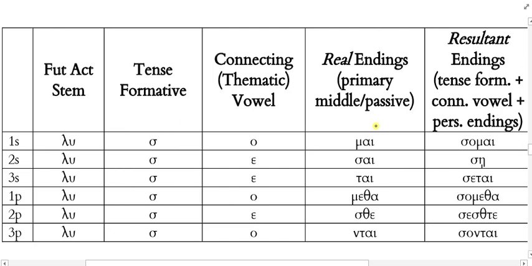So here's how the forms will look. Lu, lu, lu, lu, lu, lu, for the future active stem, tense formative, sigma, all the way through, omicron and epsilon, and then we're using the mai, sai, tai endings, everybody. Mai, sai, tai, metha, sthe, ntai. All right. And the good news is that the real personal endings are visible in every situation except for that second person singular form.